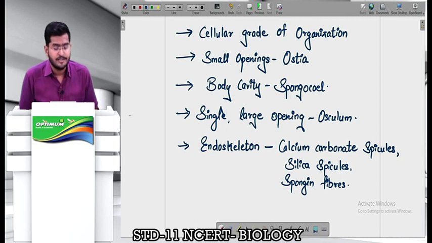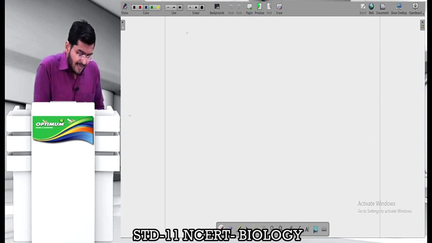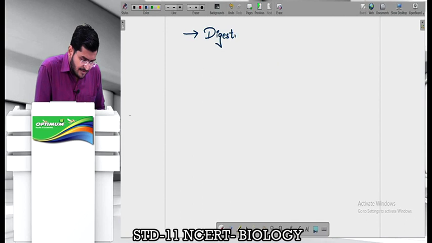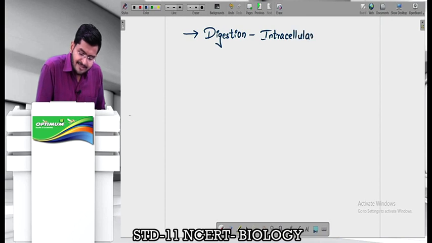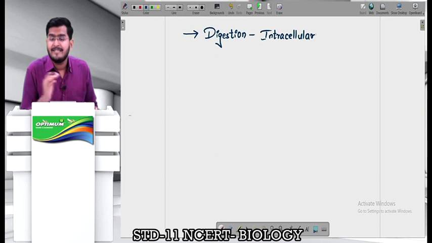After understanding this, let me tell you that digestion in sponges is intracellular, which means they take up their food material inside the cell and then break it down. Whenever digestion takes place inside the cell, we call it intracellular.